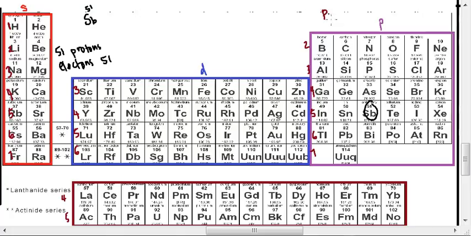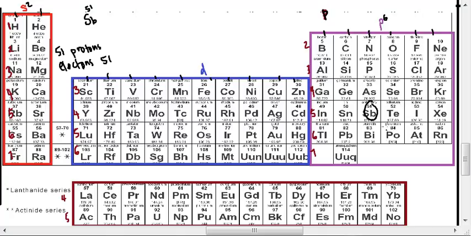Anytime you see an S, you think S can take up to 2 electrons. P's can take up to 6, since there are 1, 2, 3, 4, 5, 6 spaces to fill, and only 1, 2 for the S. And for the D, there's 10.